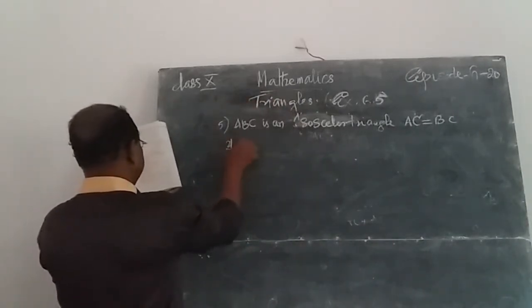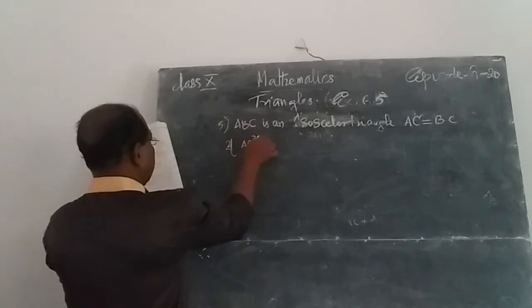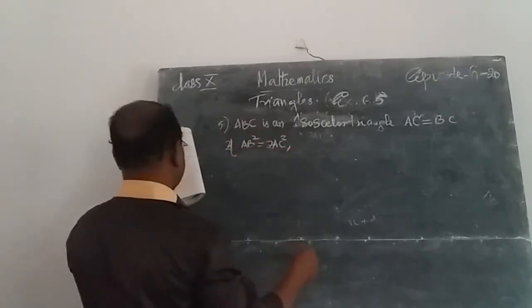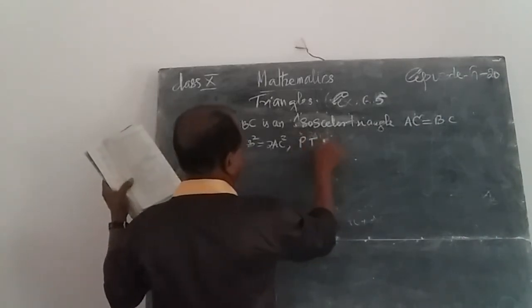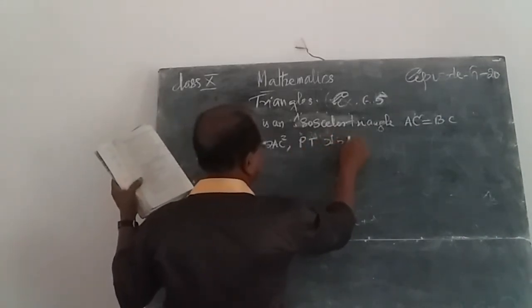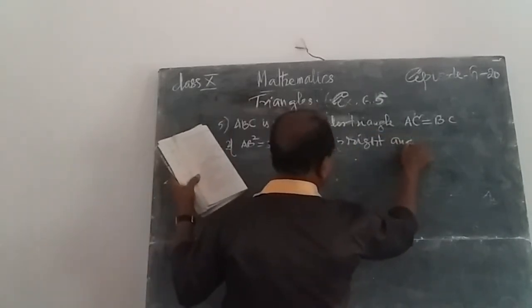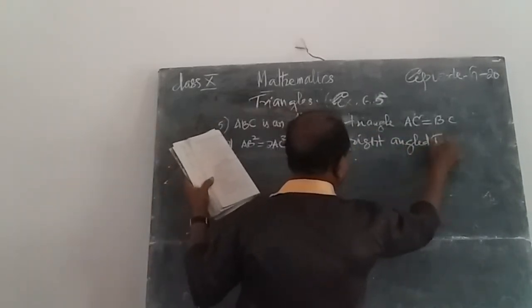If AB square is equal to 2AC square, prove that it is a right angled triangle.